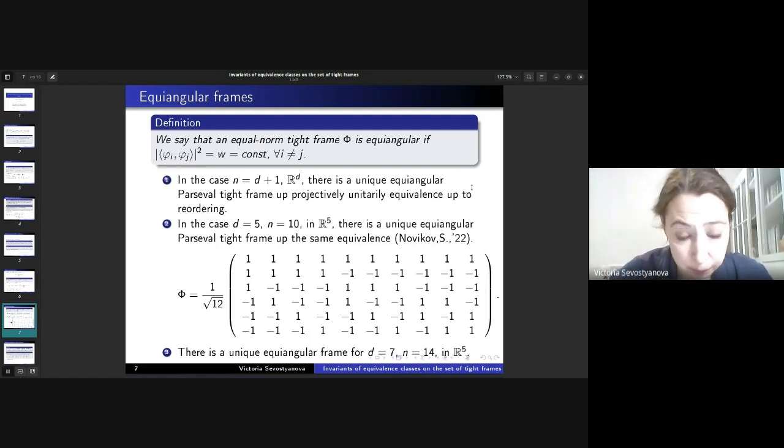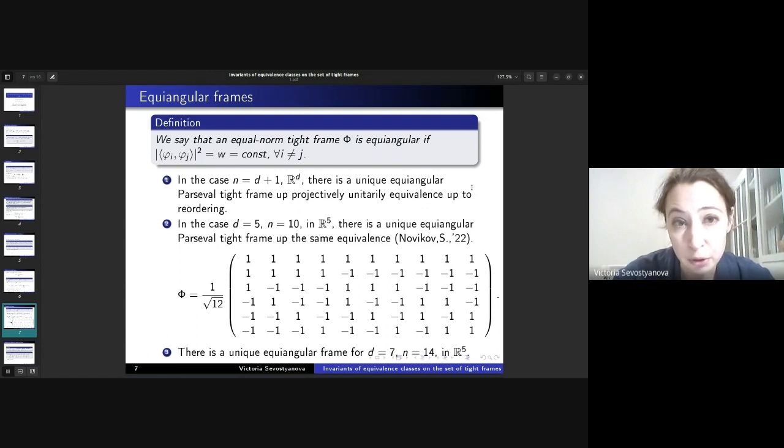What about examples? The simplest example is the case when the number of vectors is equal to the dimension plus 1. We can show that there is a unique equiangular Parseval tight frame up to some equivalence. Projective equivalence means that a vector and minus vector are the same. Unitary equivalence we discussed before.